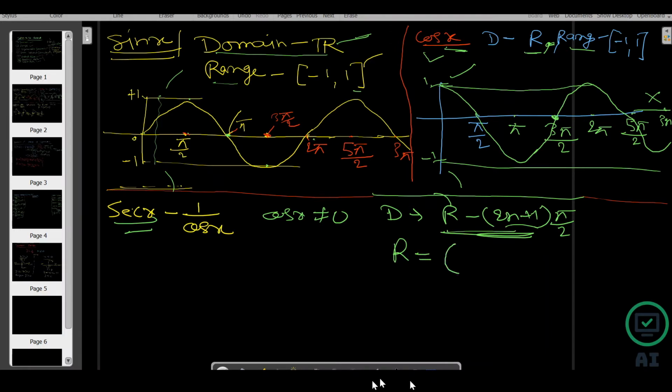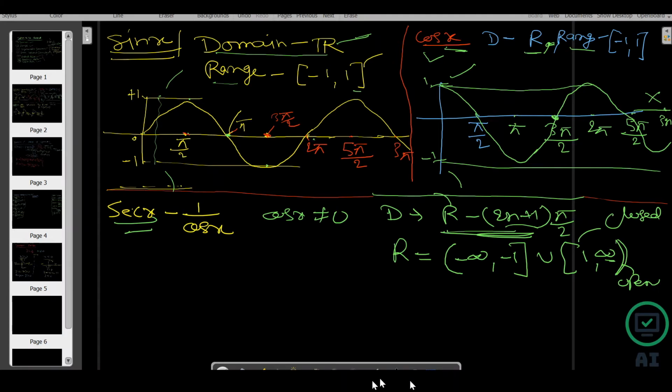The range is the open interval minus infinity to minus 1, closed, then union closed interval 1 to infinity, open. So what is the meaning of this open interval? Here this particular value will not be included, and in a closed interval that one will be included. So it is an inclusion and exclusion of the value.